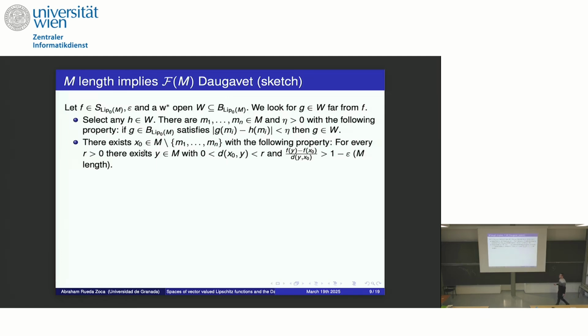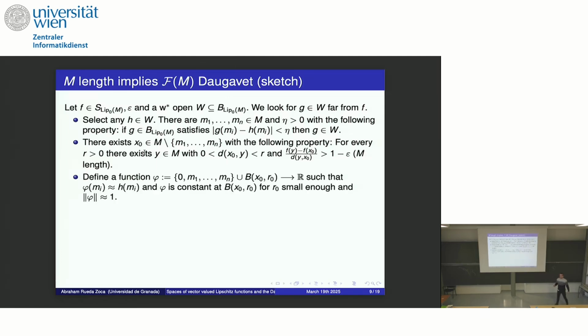Okay, what next? Because we still don't see any problematic point. What do we do? If this works, where it doesn't matter how small the ball we take, we consider a small ball leaving the mi's out, and we want to construct a function which satisfies that at mi it behaves like hi, and which is flat at some ball centered at x0.